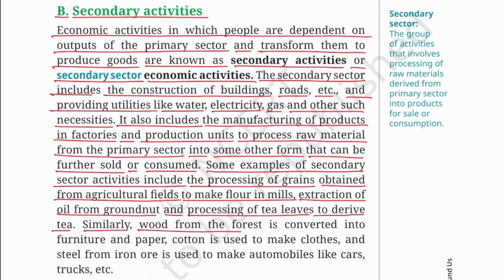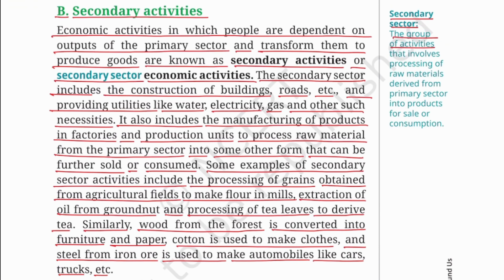Similarly, wood from the forest is converted into furniture and paper, cotton is used to make clothes, and steel from iron ore is used to make automobiles like cars, trucks, etc. Secondary sector: the group of activities that involves processing of raw materials derived from primary sector into products for sale or consumption.